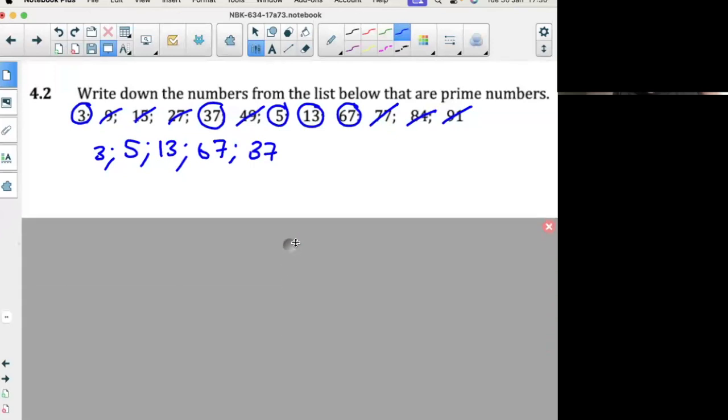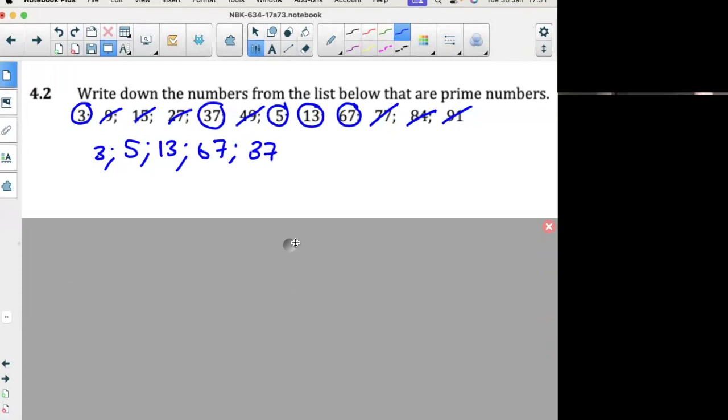So we've had a look at our number systems, what they look like. We've had a look at prime numbers now, so we've done a little bit of revision on that. Now we're going to move on, and I want to remind you about something that we learned last year. If you're new to classes, that's all good.